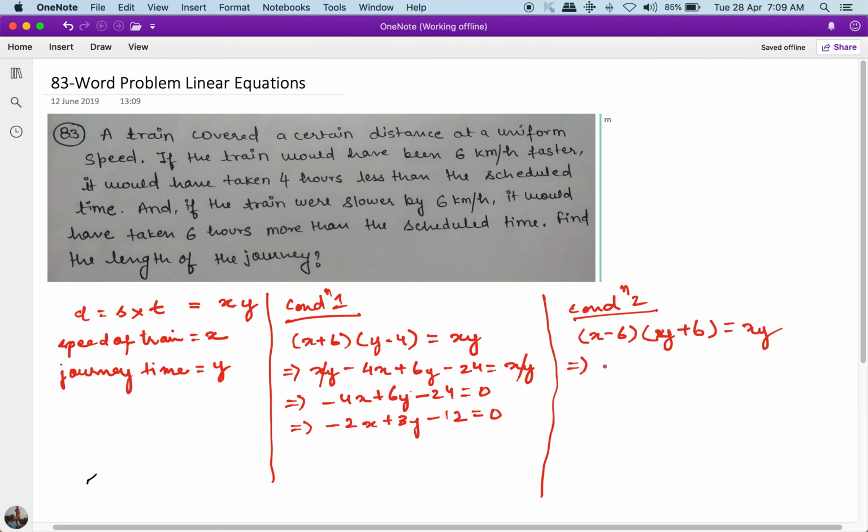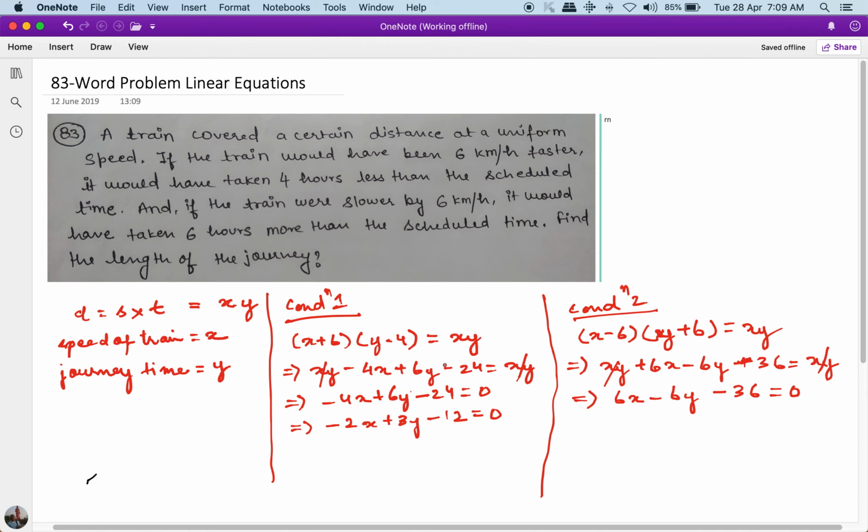Let us solve for this condition. This is xy plus 6x minus 6y minus 36 is equal to xy. Xy gets cancelled with xy. This becomes equal to 6x minus 6y minus 36 is equal to 0.